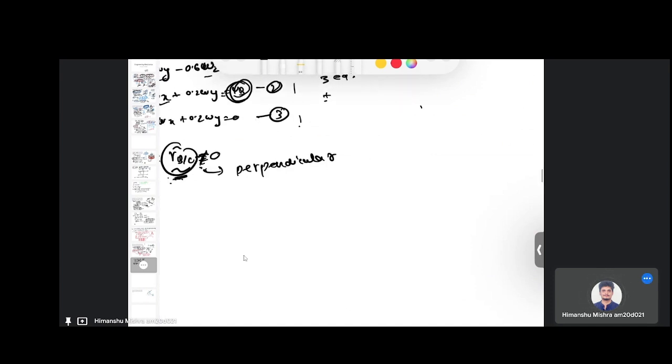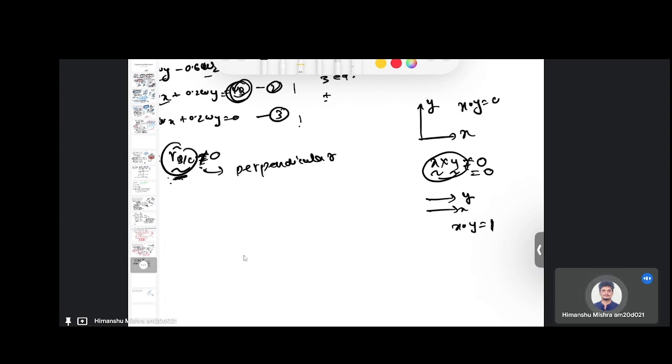So if two vectors, let's say y and x, are perpendicular, I can take the cross product and it will be non-zero. But if y and x are parallel or along the same direction, then the cross product will be 0. Here the x dot y will be 0 and x cross y is not equal to 0.